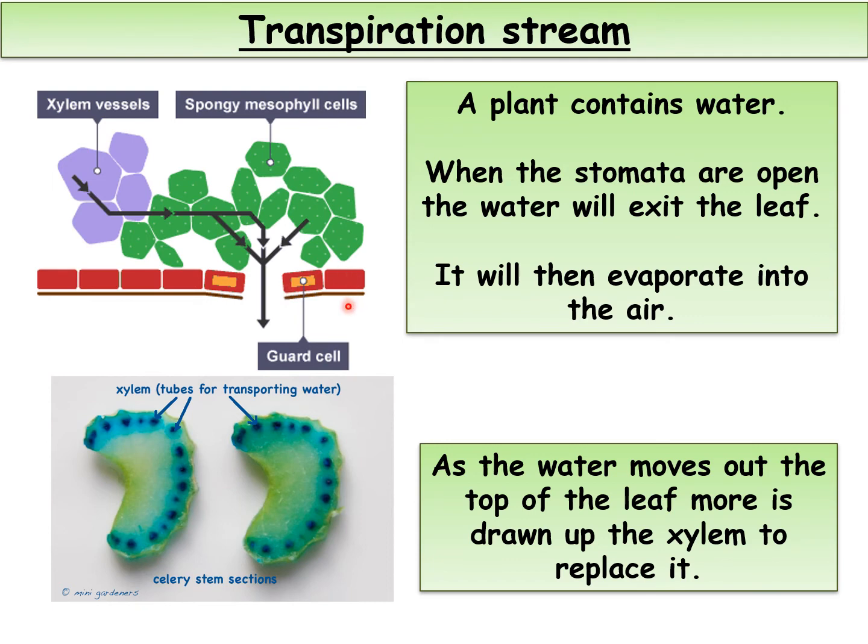Now, once that water's gone, so it's essentially transpired from the plant, more water is actually drawn up the xylem, so from the root cells, and that water then travels up the xylem. It goes to wherever it needs to throughout the plant, and then eventually, once it gets to the leaves, back to the stomata, which will be open, and then the water will evaporate and exit the leaf. So that's what the transpiration stream is.